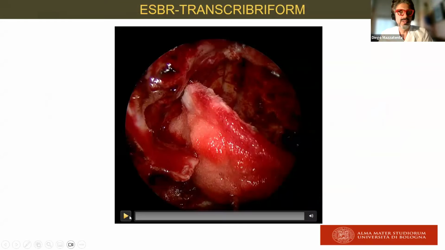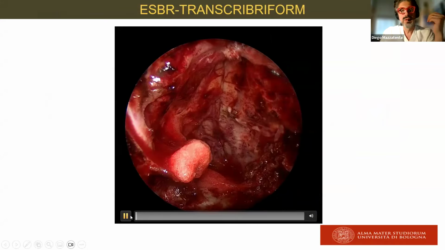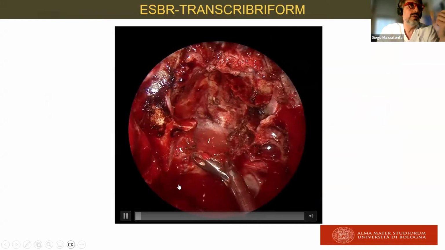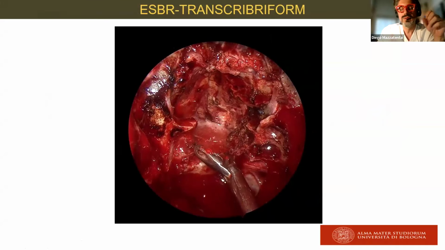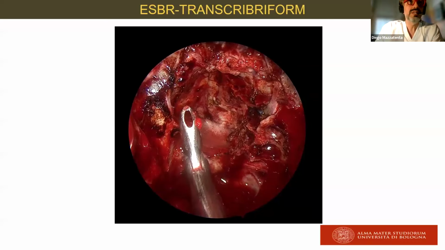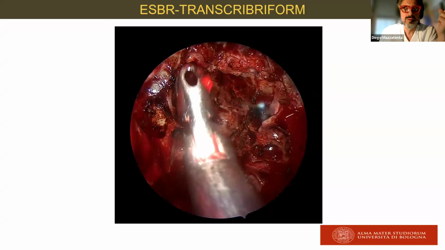Transcribriform approach. In this case, the transcribriform approach is used for a lesion located in the anterior skull base fossa, for example, intra-extradural meningiomas.